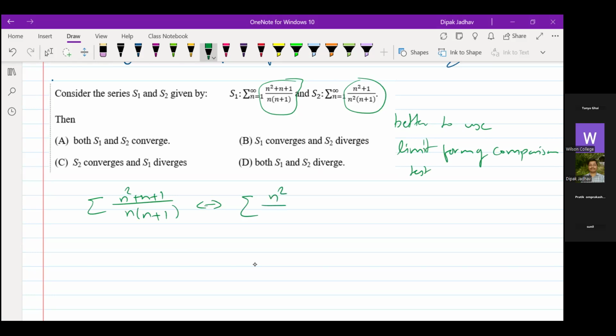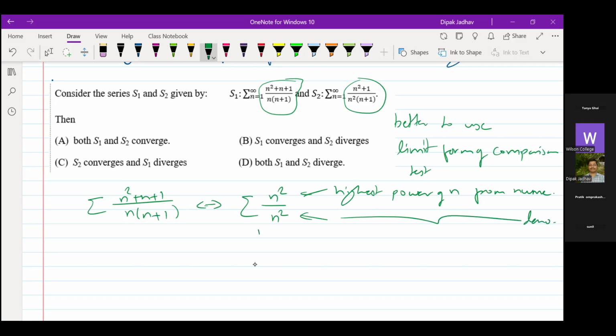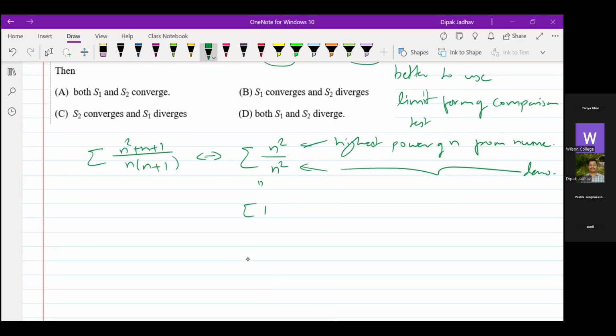Choose the highest power of n from the denominator, that is n square. This is the highest power of n from the numerator. This is the highest power from the denominator. And then you have to see this. This is equal to summation 1.